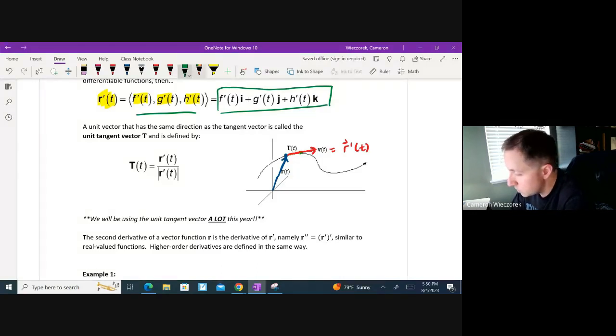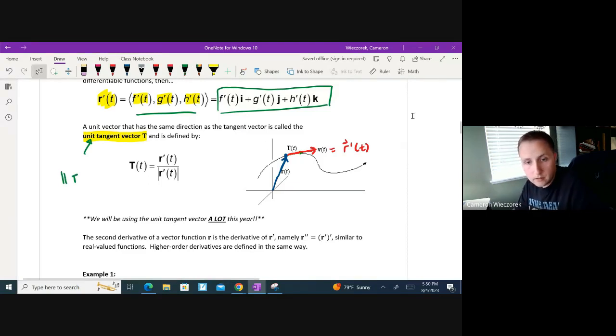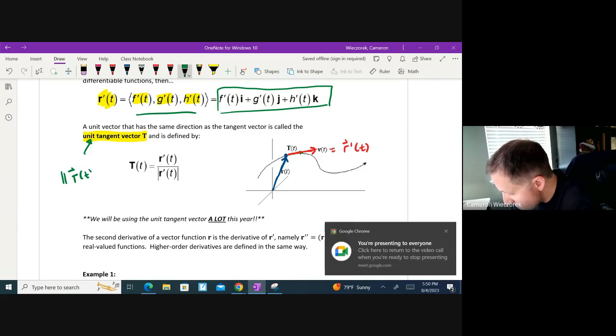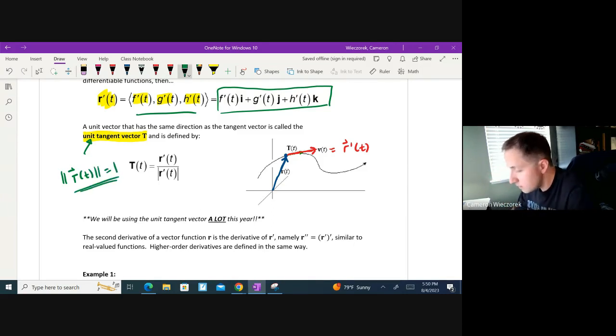And so we have what's called the unit tangent vector. We're going to call it T. It's going to be probably the most popular vector that we talk about this entire year. And to create that unit tangent vector, remember what that means? Unit vector means the length of that vector has to be 1, right? Well, to create a unit vector, we saw this a couple sections ago.